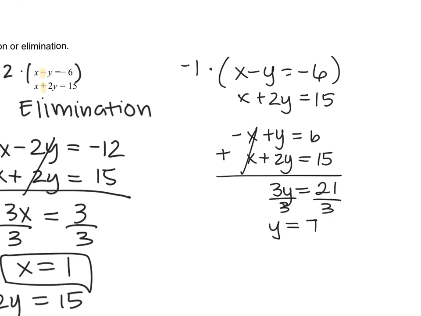So now we got y equals 7 again, which is great. Now we want to plug it into one of the original equations to solve for x. Again, I'm going to avoid negatives. I'm going to plug it into that second equation. So x plus 2y, so 2 times 7 equals 15. So we get x plus 14 equals 15.